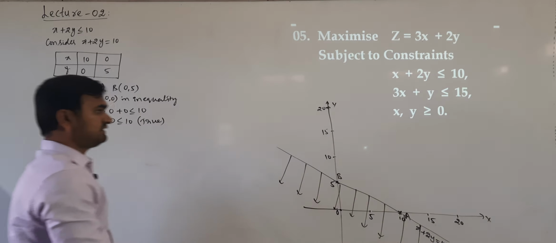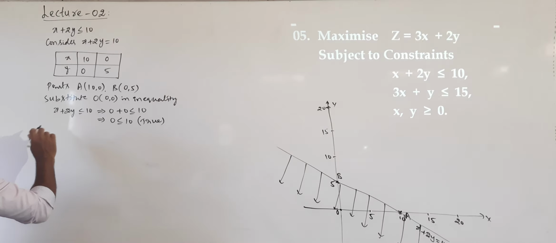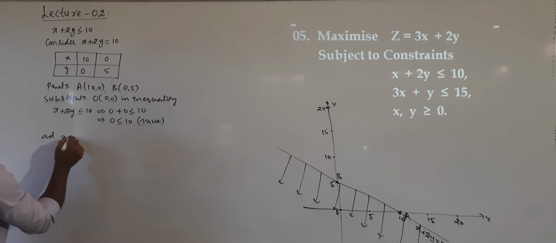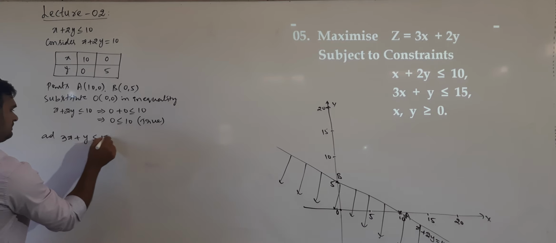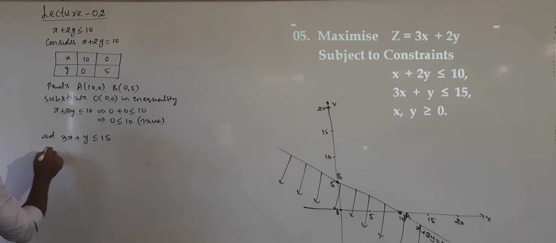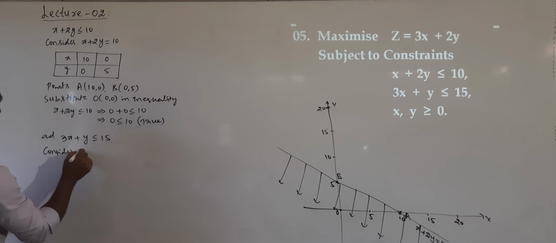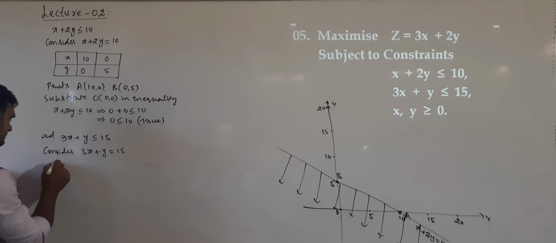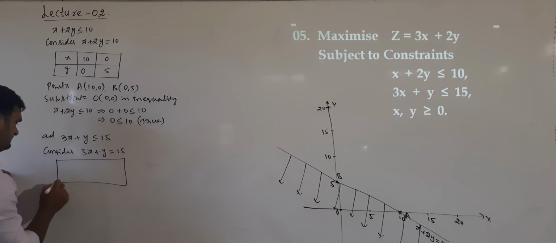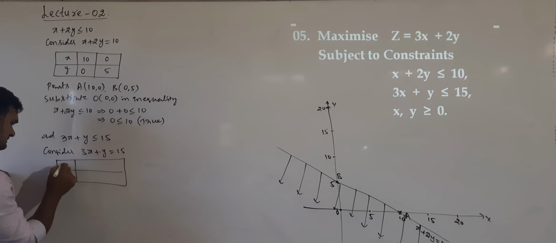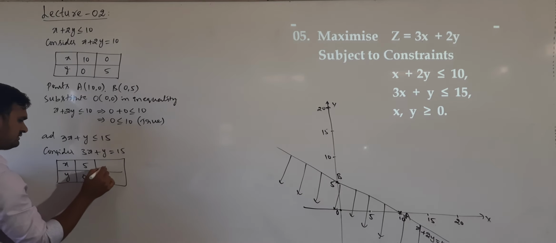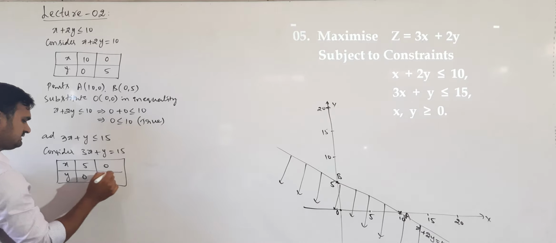Next, take another inequality, 3x plus y less than or equal to 15. Again replace the inequality with equality and consider 3x plus y is equal to 15. Find the points of intersection with the coordinate axes. When y is 0, x is 5, and when x is 0, y is 15.